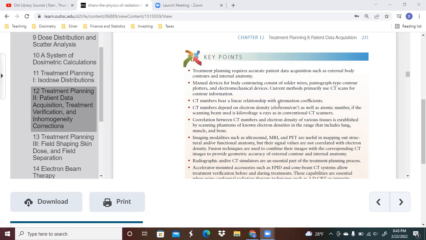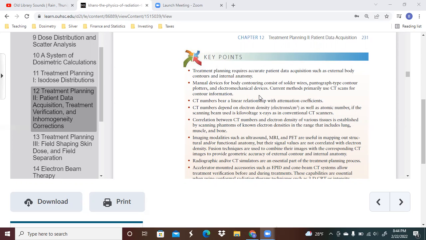Once the CT is taken, then the data will be loaded into the planning system, however it's transported. And then once it's transported there, we're going to take that data and figure out how to configure what it tells us so that we know how to determine what dose needs to fall in certain spots.